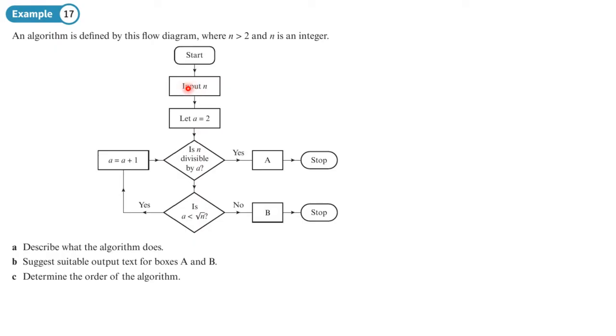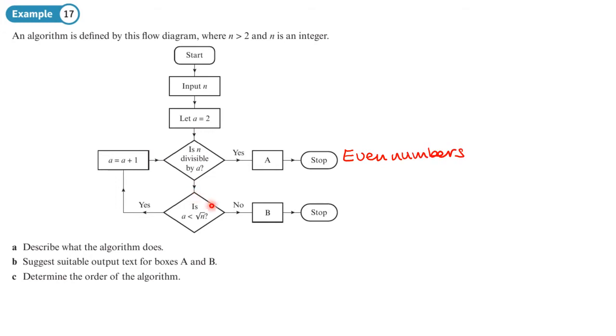Right, so first of all we import a number n, where n is an integer greater than 2, and then we say let a equal 2, and then we say is n divisible by a. Okay, so whatever number I type in the first question I'm asking, is it divisible by 2? If it's yes, it goes over here. So we know that all even numbers are going to end up here. Okay, let's keep going round.